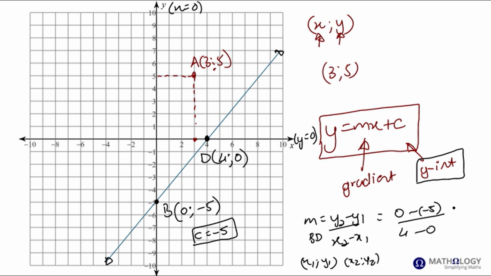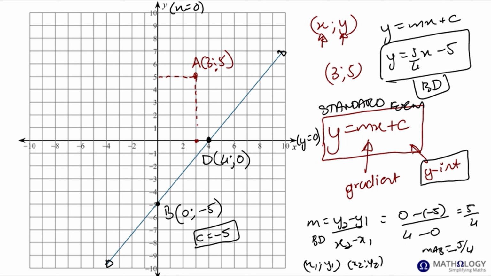Minus minus 5 is going to be positive 5, 4 minus 0 is 4. So the gradient of BD is 5 over 4. I need to make a correction here, this is not the gradient of AB.